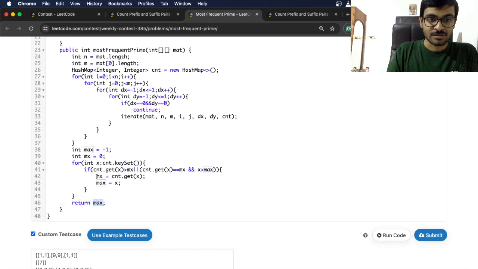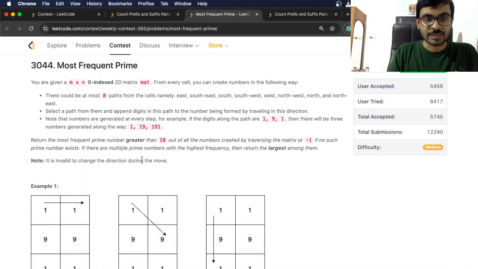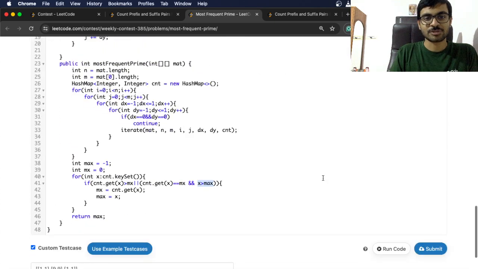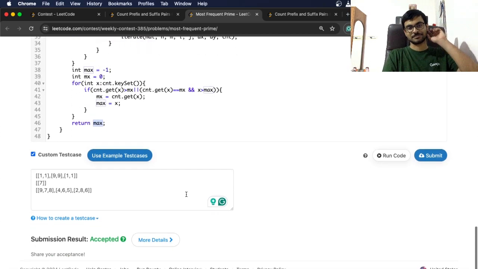So if that count exceeds the existing count, or it is equal to the existing count and your current element is greater than the existing maximum. Why did I add this? Because of this line. There is a line given that if there are multiple such answers, we need the largest among them. So that is what I'm checking over here, that if your frequency matches, then check the actual number. If your actual number is greater, then take that. That is it. And I'm returning the max. That's it.